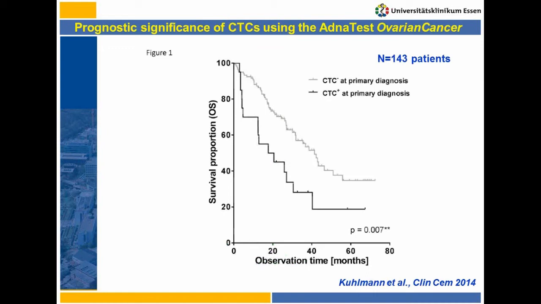This paper was published in 2014 by one of my former PhD students. You see the number of patients, 143 patients at primary diagnosis of ovarian cancer, and those patients with circulating tumor cells at primary diagnosis had a worse outcome with regard to overall survival.